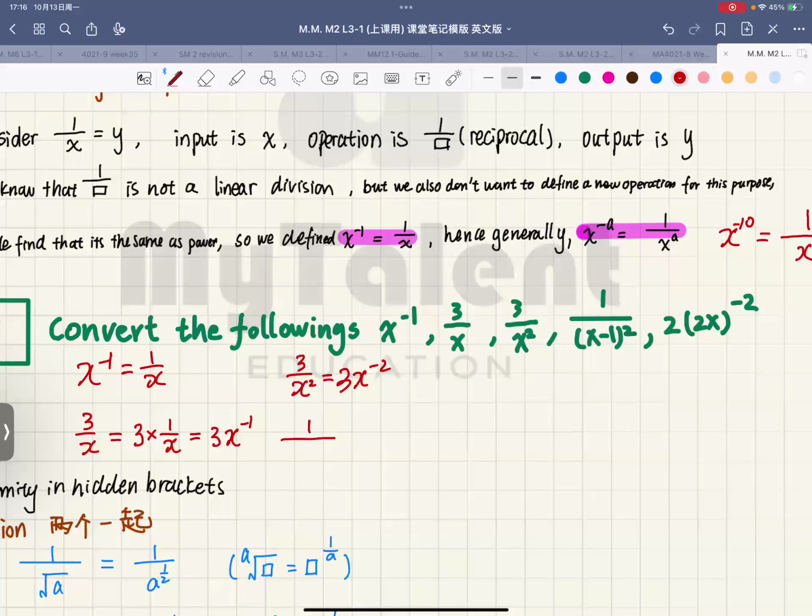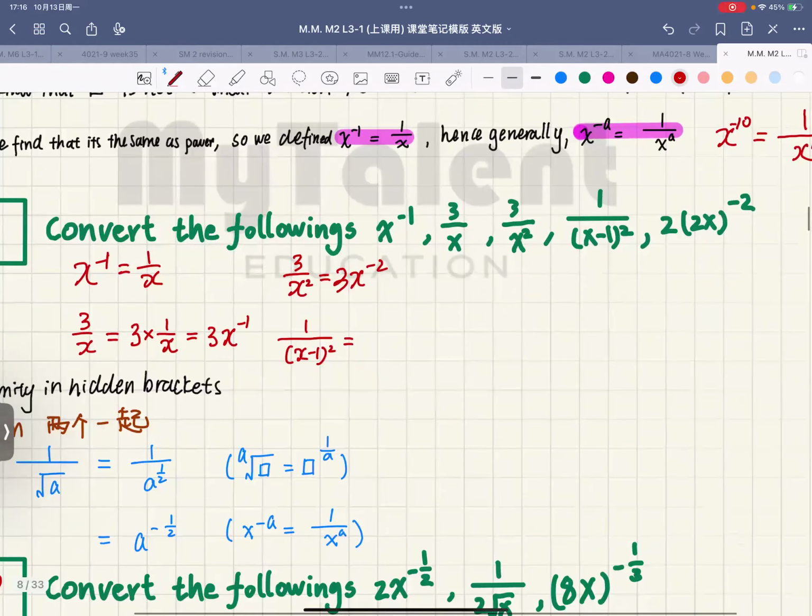1 over x minus 1 to the power of 2. Convert to the power form. Sean. Can you see it? No rush. Check the formula.